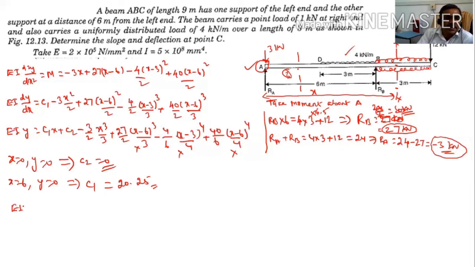So now we can write the general form of the deflection equation, that is EI into y is equal to C1 x. C1 is 20.25, so 20.25 into x. C2 is 0.